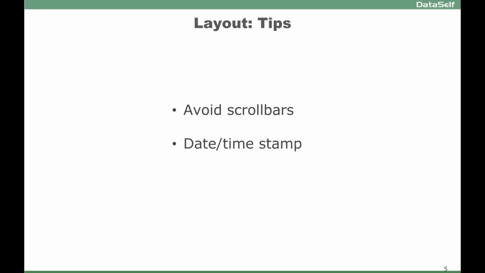And also, it's very important to add date time stamps to your reports and dashboards because sometimes people will print them or will take screenshots. And if you don't have that kind of information, people eventually might not know when is this information current, what is the time frame, and it can be deceiving.